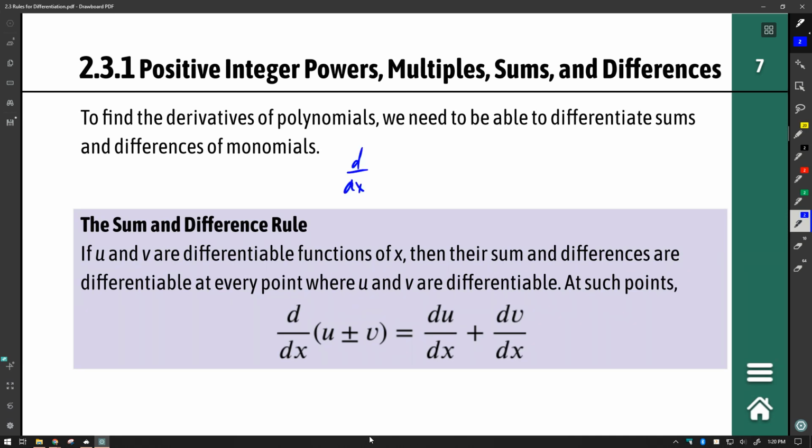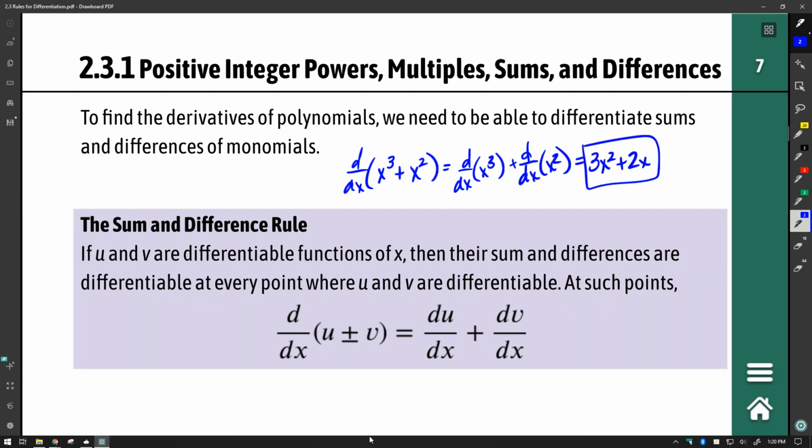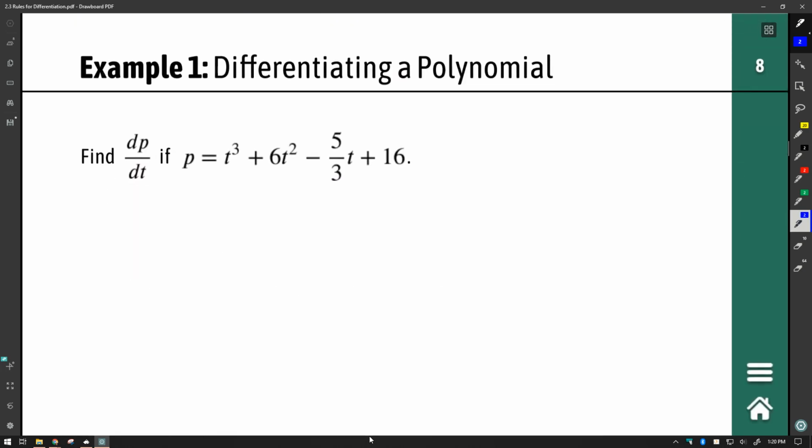If we look at the derivative of, say, x to the third plus x squared, we know now this is the same as the derivative of x cubed plus the derivative of x squared, and that now with the power rule is 3x squared plus 2x. And we can differentiate polynomials so much faster than we could with the limit definition. So here's an example.